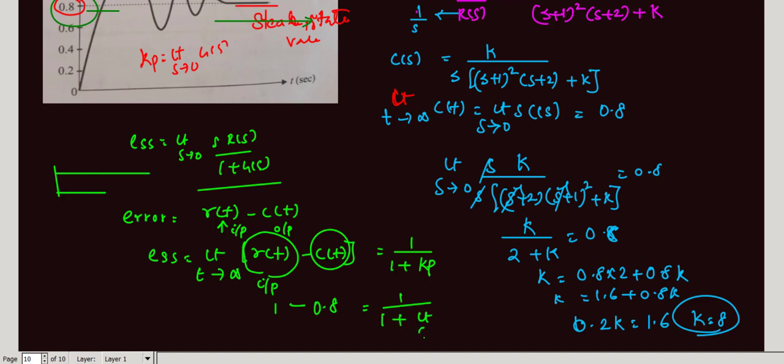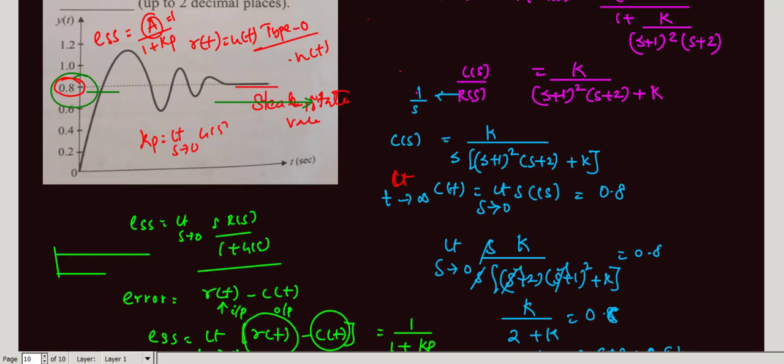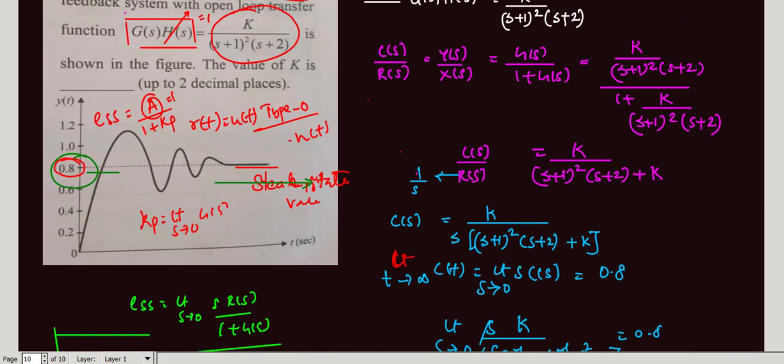Kp is limit s tends to 0 of G of s. G of s is given as K by (s plus 1) whole square into (s plus 2).